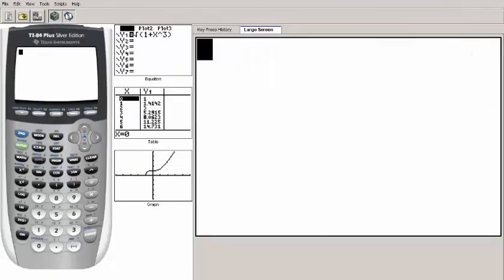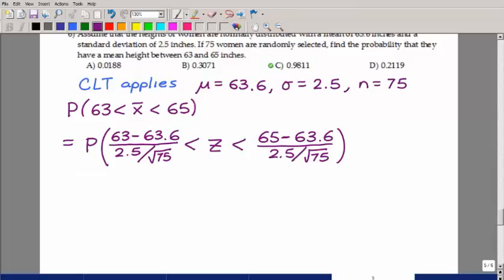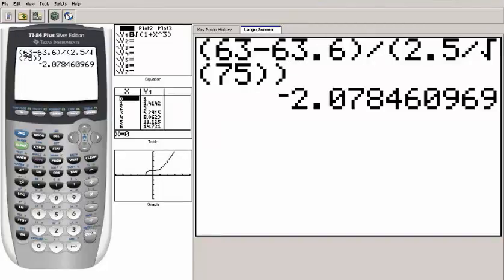So let's go to the calculator. 63 minus 63.6 divided by 2.5 over the square root of 75. Negative 2.08.